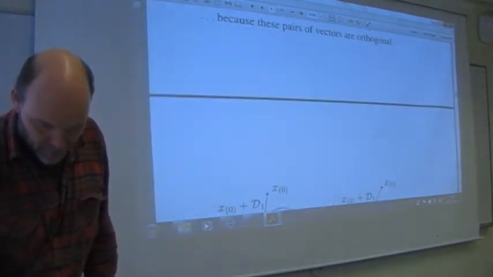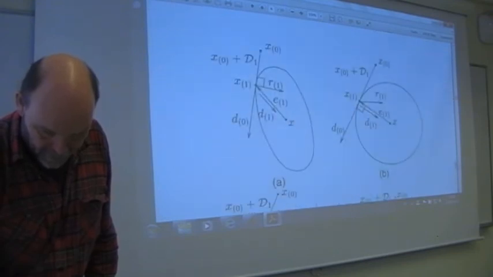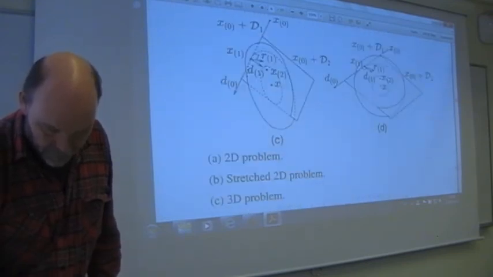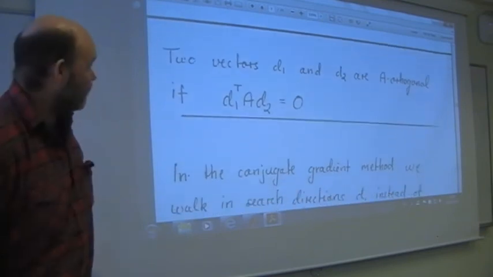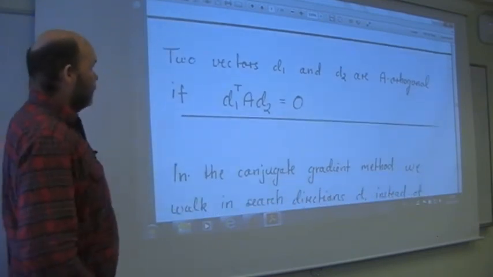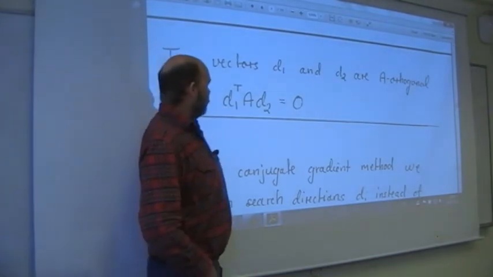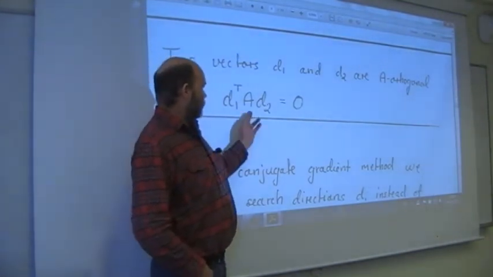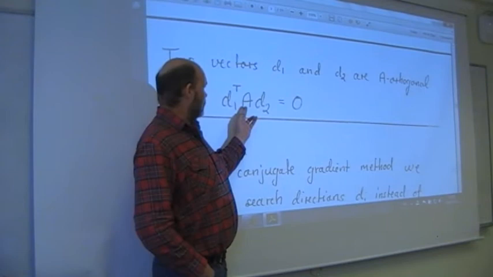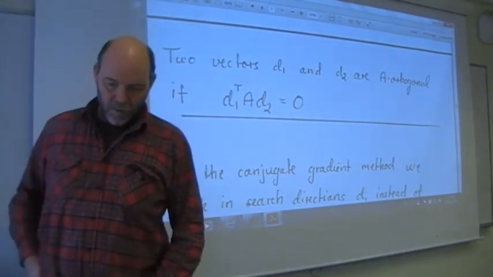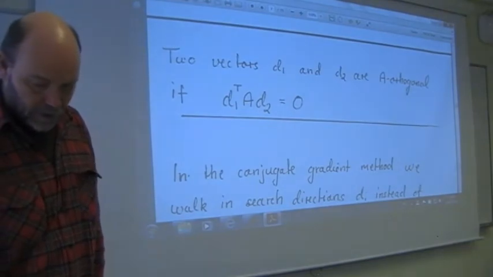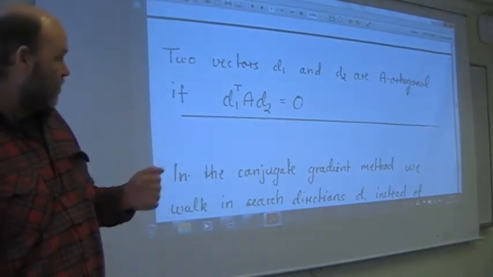I even try to draw it in 3D, not so easy to see. You have two vectors, D1 and D2, they will be A-orthogonal with respect to this coefficient matrix A if this product is 0. So we use this definition to calculate the new direction.